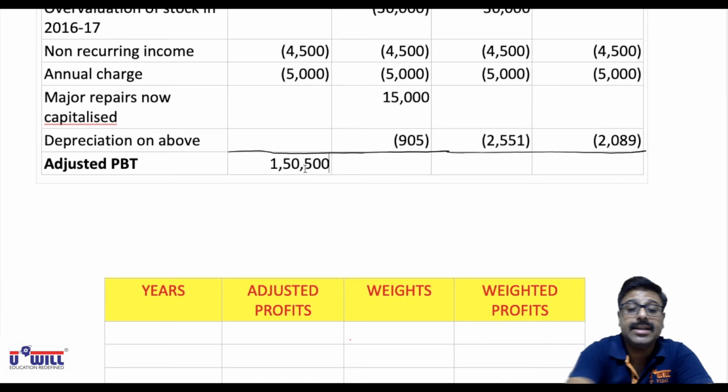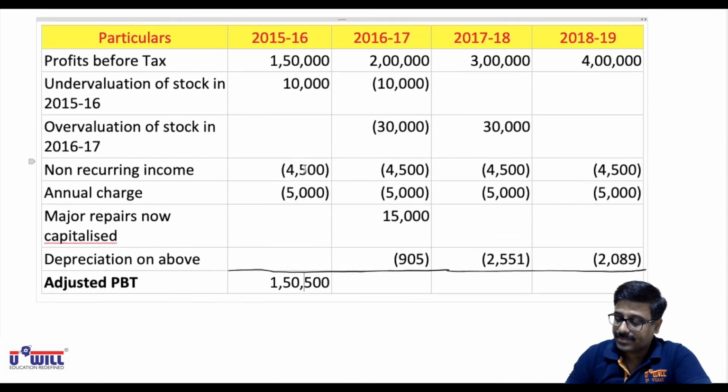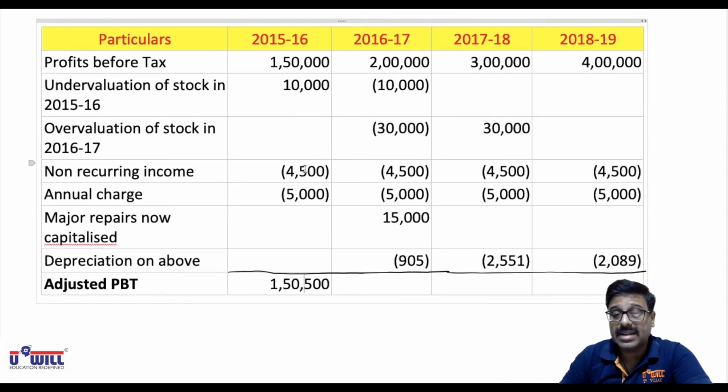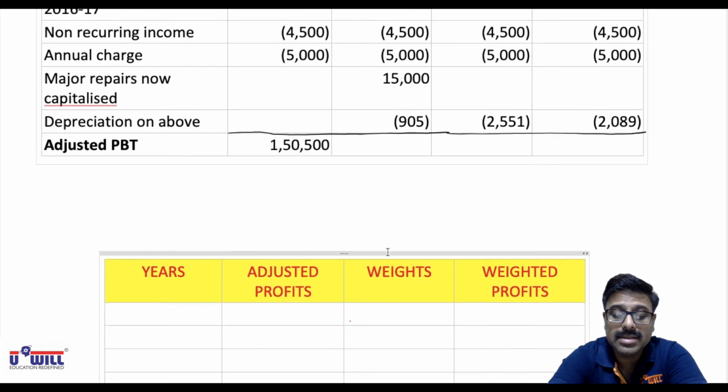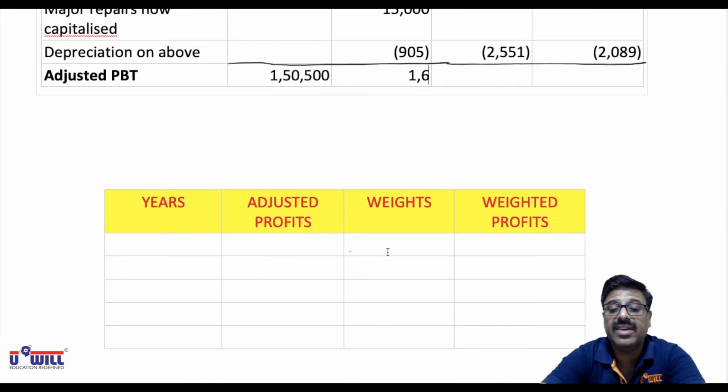Then for the second year, 2 lakhs minus 10,000 minus 30,000 minus 4,500 minus 5,000 plus 15,000 minus 905, that is 164,595.